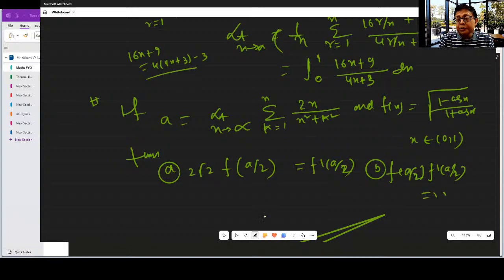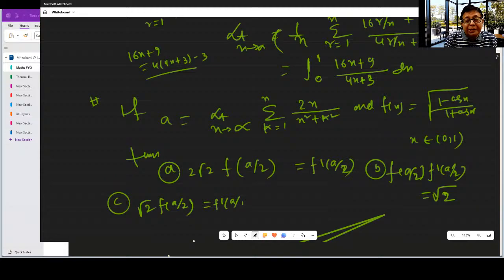This is equal to root 2, and root 2 f a by 2, f dash a by 2, and f a by 2 equal to root 2 f dash a by 2.